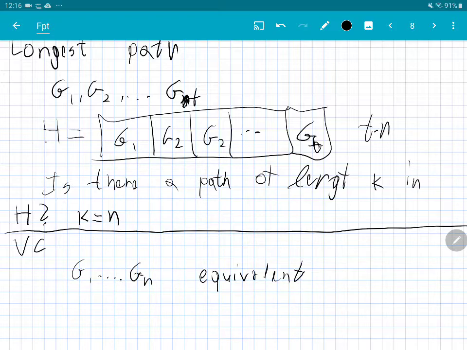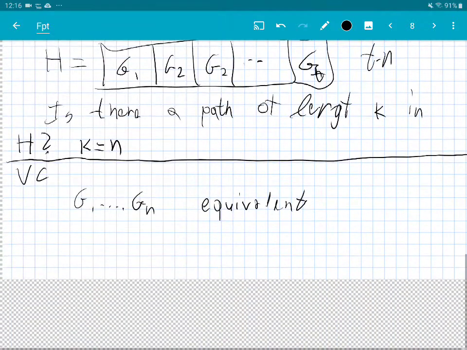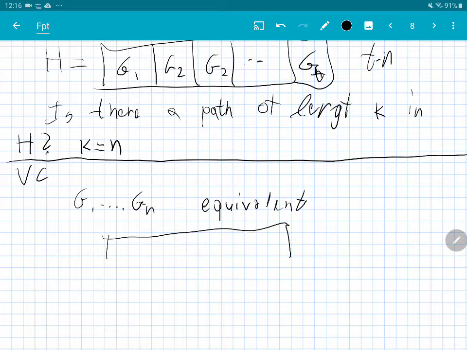And intuitively, we don't know how to put those instances together. Let's assume that somehow I could try and do the same thing as before, and put g1 here, g2 here, to gt as usual.